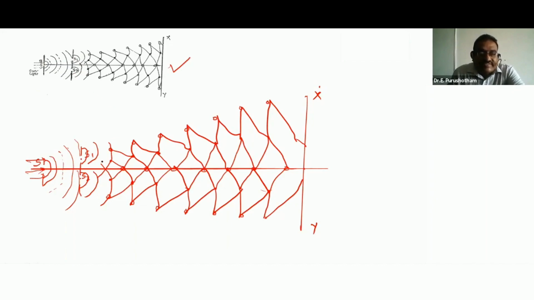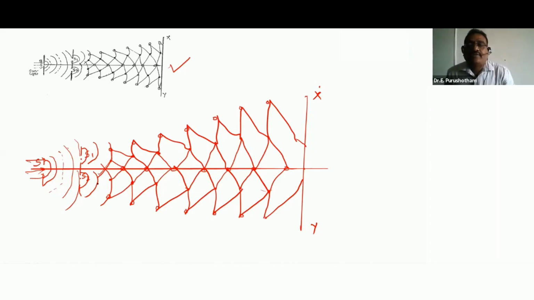These spherical waves are superimposed on each other. If crest is combined with crest, or trough with trough, it produces a maximum intensity fringe on the screen. That is called a bright fringe. That is called constructive interference.